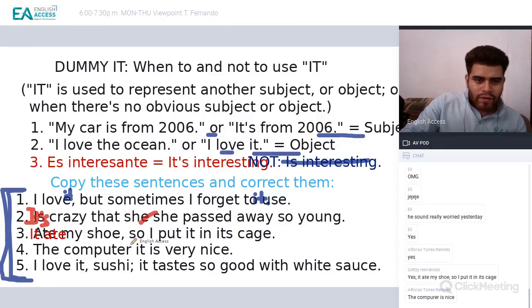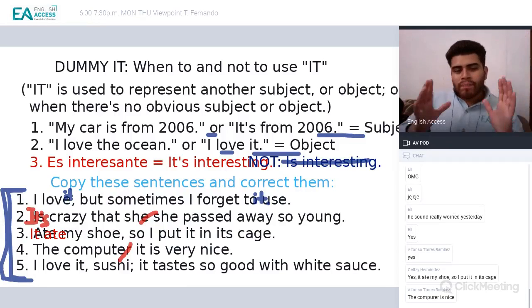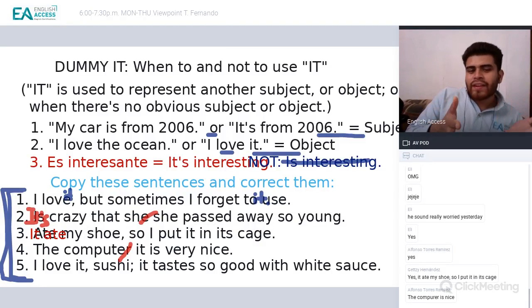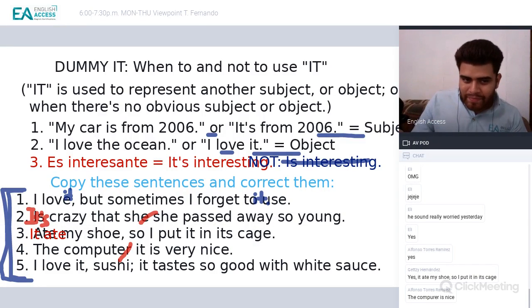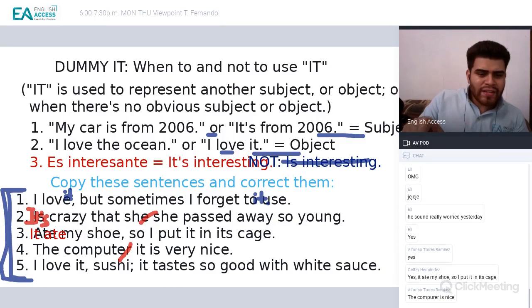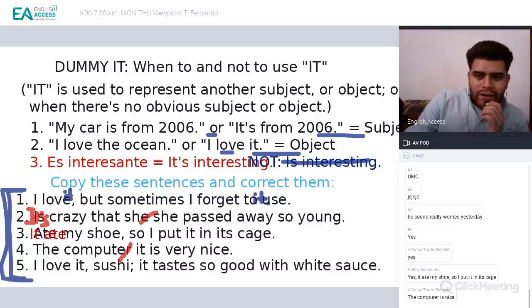The computer is nice or very nice. Okay. Yeah, see, look, the computer is the subject. And so it's not necessary to have it because the computer is it, right? So it could have been 2 things. It could have been the computer is very nice or it is very nice. All right, but very good. And number 5, Hector and Yarim.